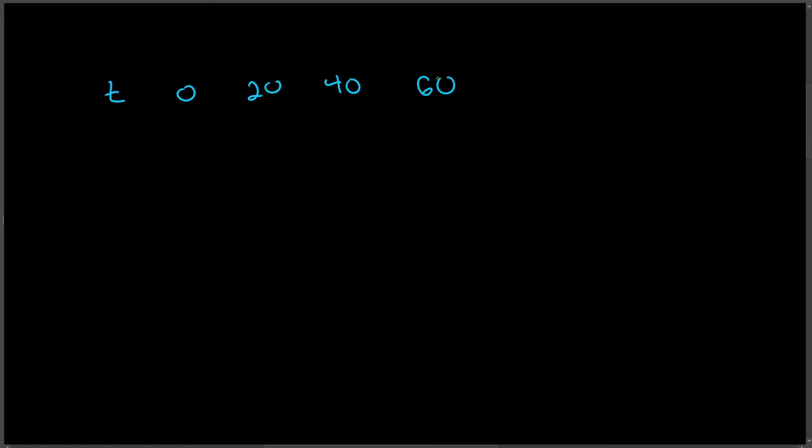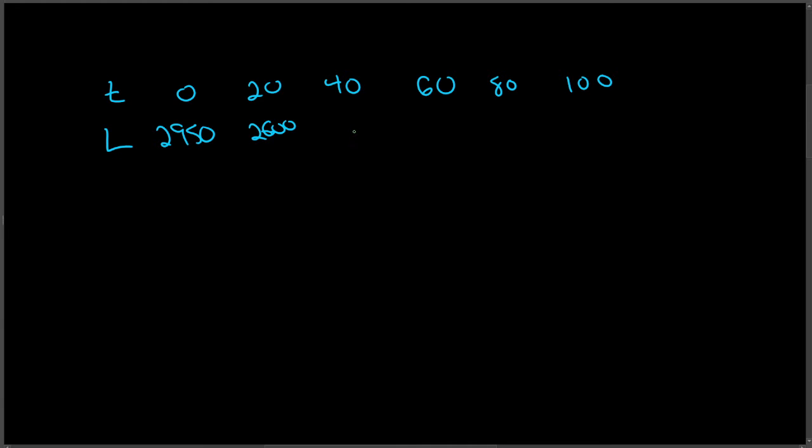I think I will go out to 100. I know the data continues further on the data sheet, but what we have is the L-DOPA levels measured in the bloodstream over time.